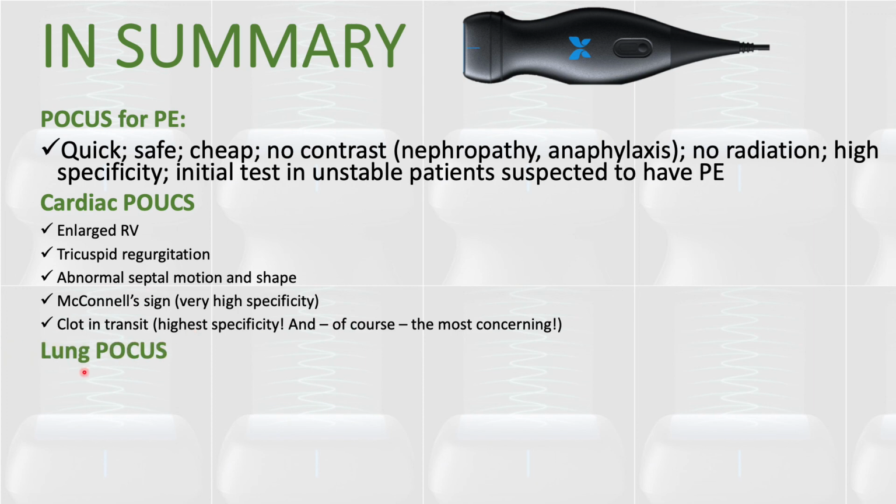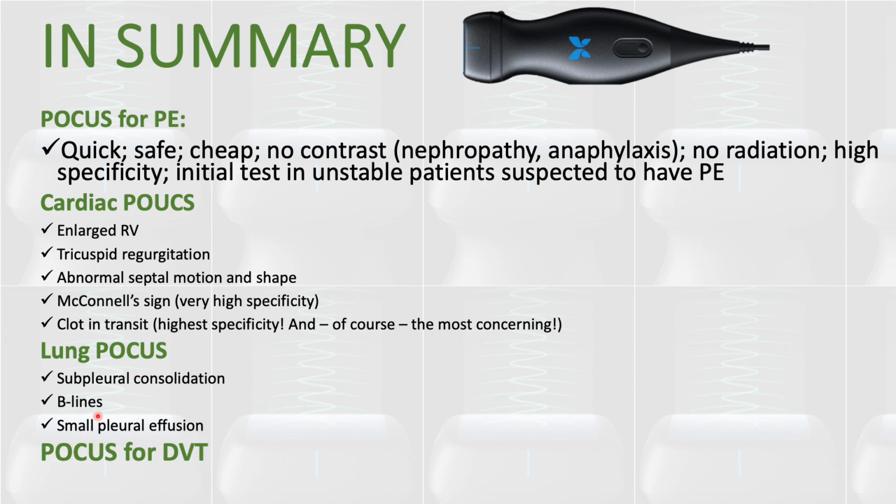And then with lung ultrasound, you look for subpleural consolidations, some B lines, and a small new pleural effusion. And then the third one is POCUS for DVT, and we're going to do a separate video talking about POCUS in DVT, regardless of whether the patient is having PE or not.